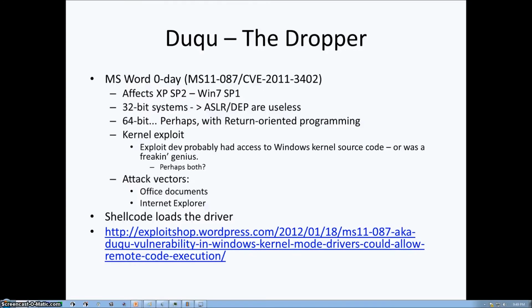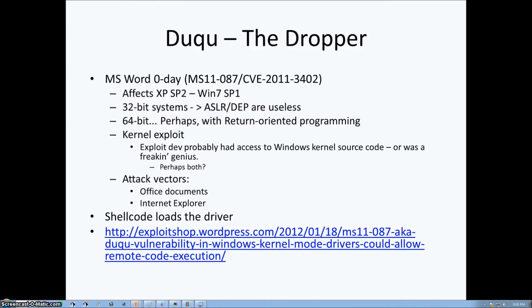This is a kernel-level exploit, and suffice to say, it is super complex. If you remember how the developers of Stuxnet probably had access to an actual refinement centrifuge in order to test their malware, it's kind of the same story here. In order to figure out how to make this exploit work, the developer had to have either had access to the Windows kernel source code, or they have just unheard of intuition when it comes to writing exploits.